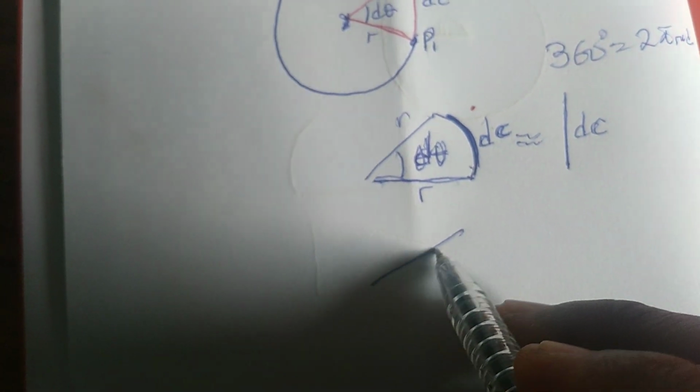So in a nutshell, my sector can be constructed to look like a right angle triangle. So I can have this as my infinitesimal height of my triangle, this dC. The radius remains the same. Then the angle, the dθ.